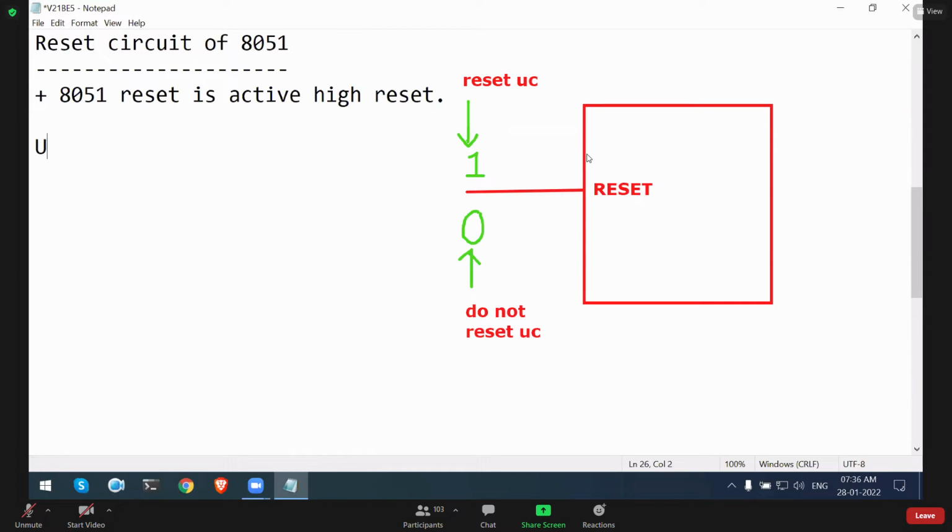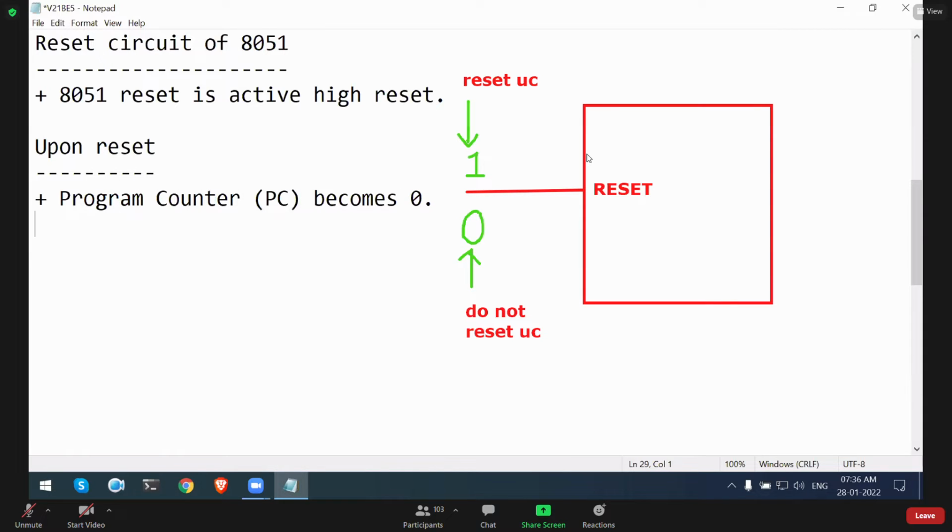Upon resetting the 8051, the program counter becomes 0. Program counter is a register. So after reset, the program counter becomes 0.